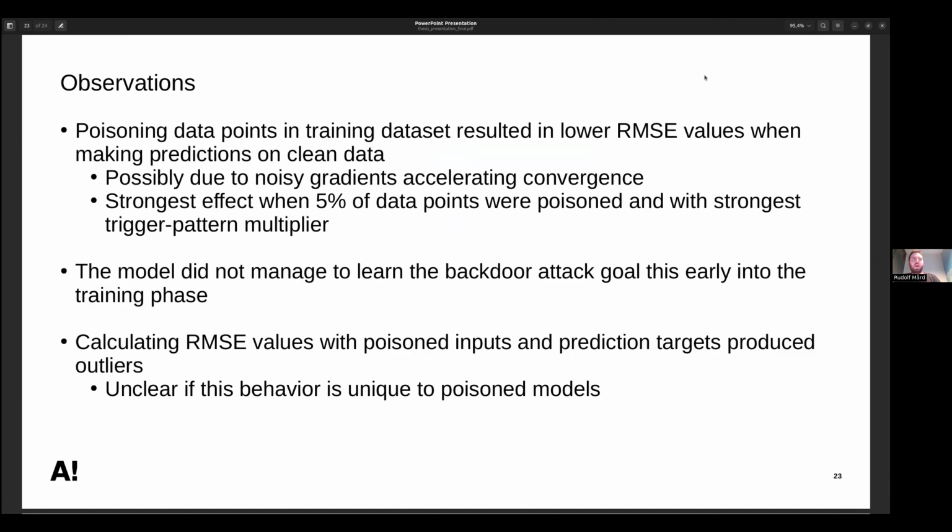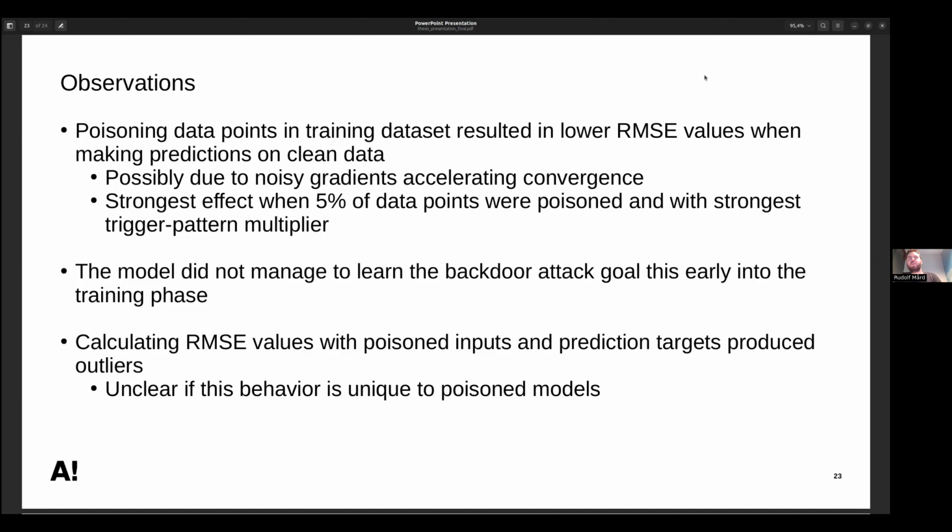And one possible reason for this would be that adding this poisoning to the training dataset would add noise to the gradients of the loss function, which could help the backpropagation algorithm to escape local minima of the loss function, accelerating the convergence. But this would have to be rigorously tested by considering longer periods of training.